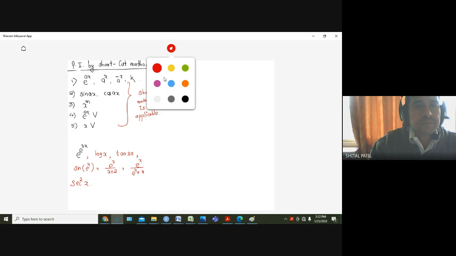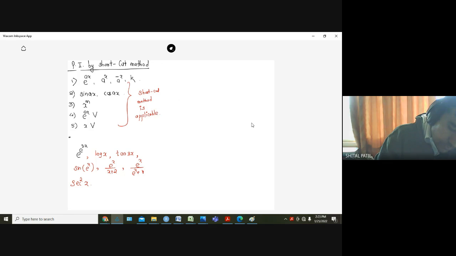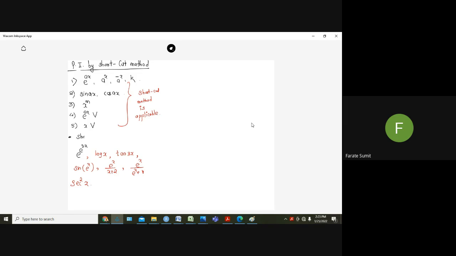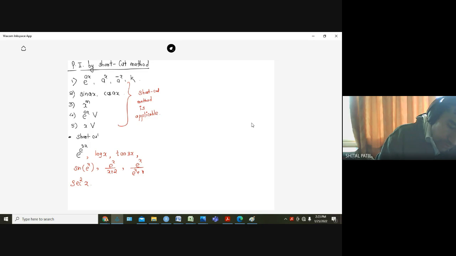Getting everyone? Yes, sir. Shortcut method is not applicable for the following functions.